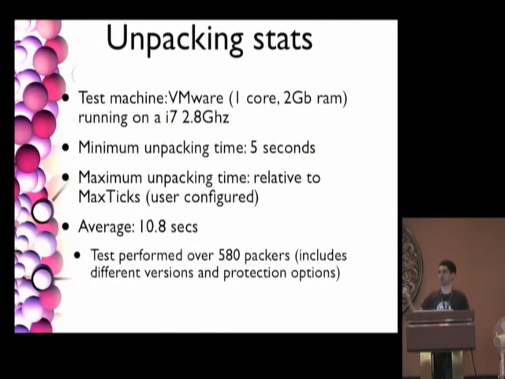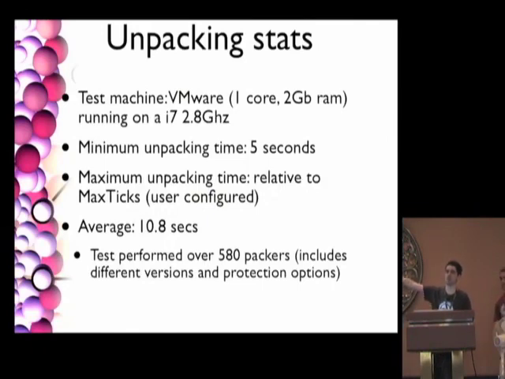Of course, with things like Themida that require 100 million instructions or even more, we go to 20 seconds, maybe almost 30. So the average we got over, well, it's 580 packers.